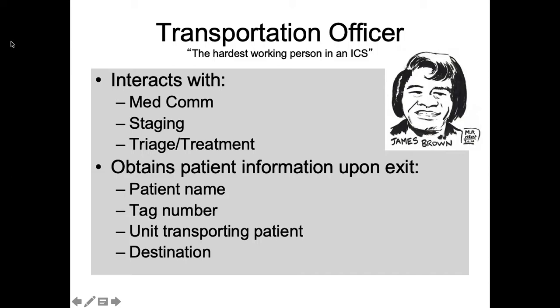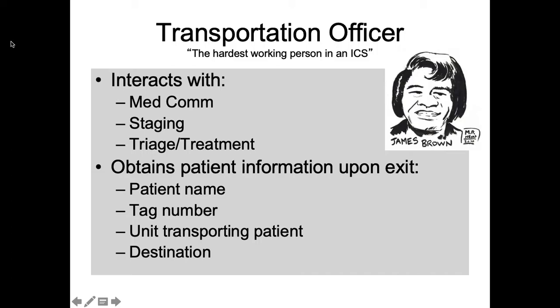Now, the transportation officer, this is the person that every patient that gets transported gets funneled through. So this person stands right where the ambulances pull up to pick up patients. As the patients come towards this person, the person records the patient's name and other demographic information, what hospital they're going to, by what ambulance, and what time they left the scene. And this is all documentation.